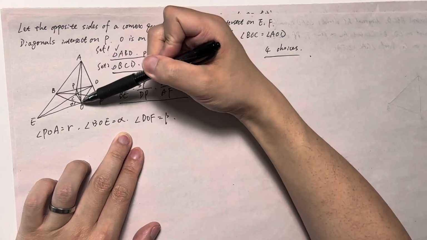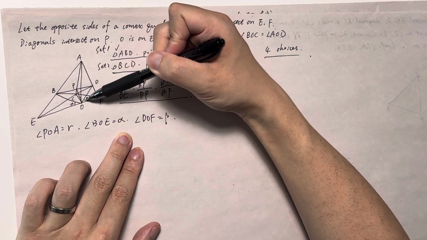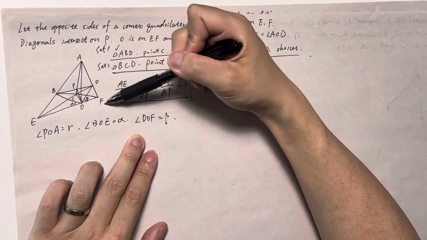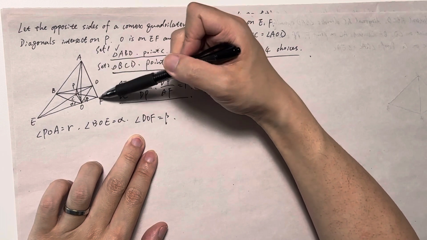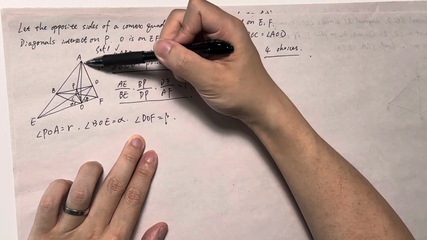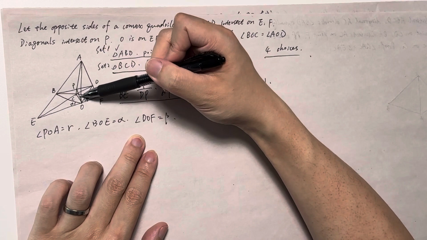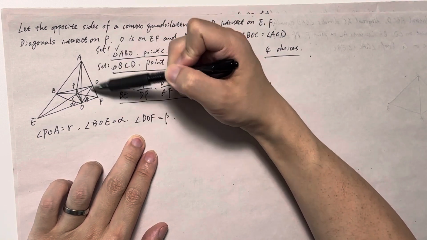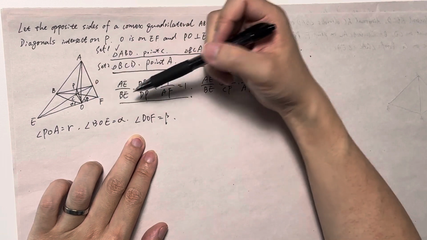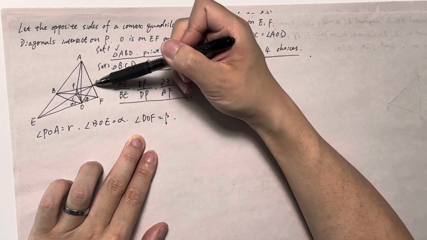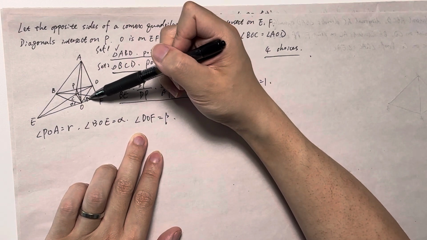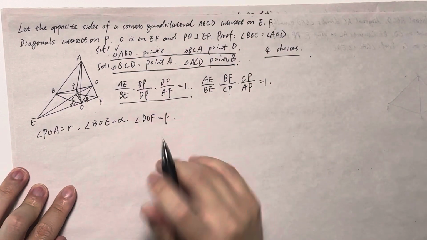Then we know POD is 90 degrees minus beta. And we have DF and AF. Because this is gamma, the angle AOF is 90 degrees minus gamma. And for the DF term, that's relevant to the angle beta. So we got all of them.